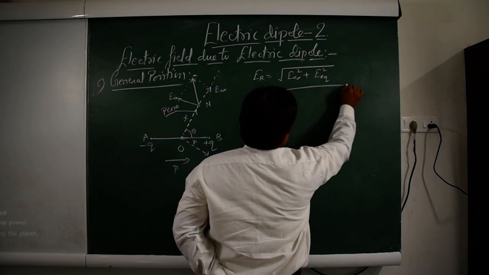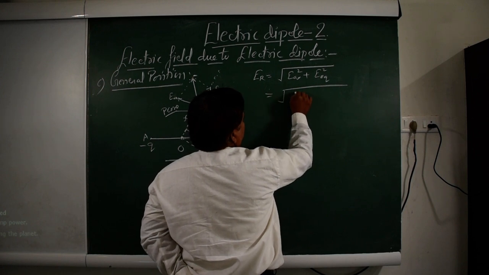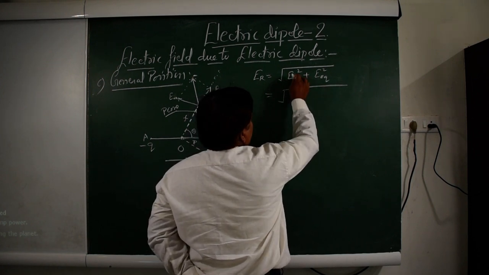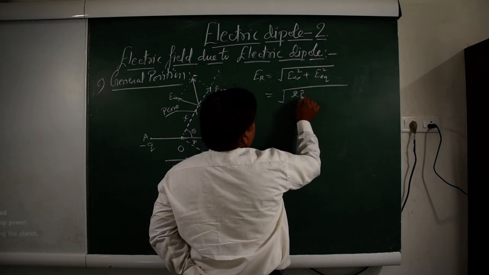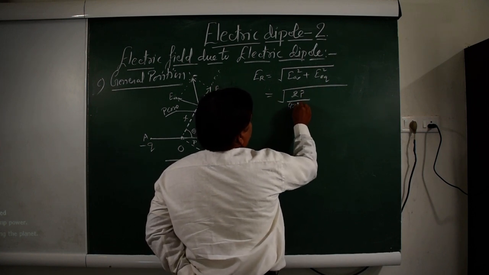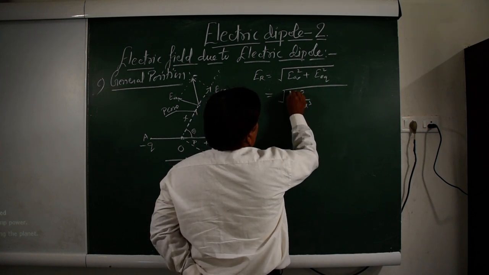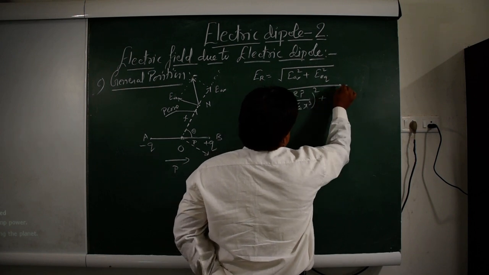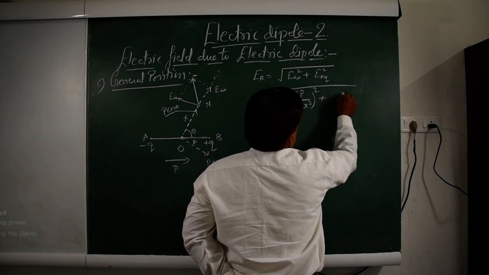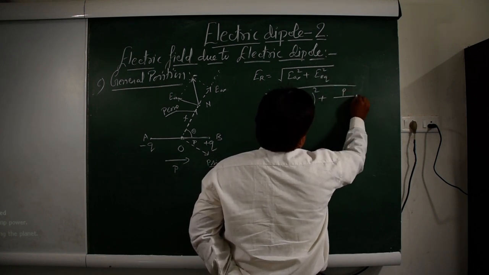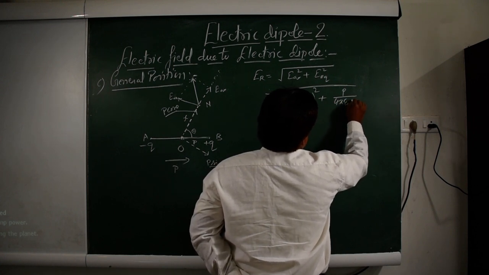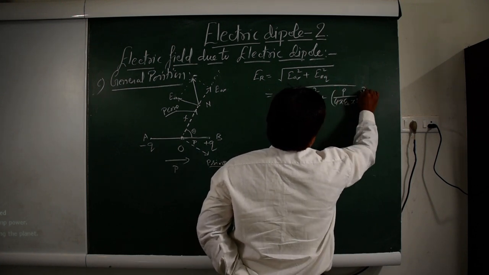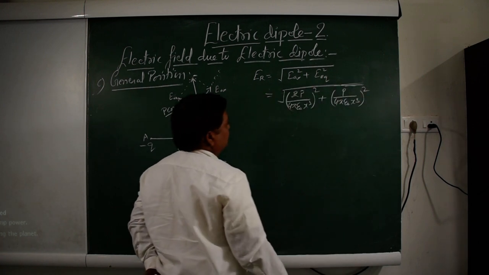So the electric field on the axial position is 2p upon 4 pi epsilon naught x cube, to the whole square, plus the electric field on the equatorial position, p upon 4 pi epsilon naught x cube, to the whole power 2.